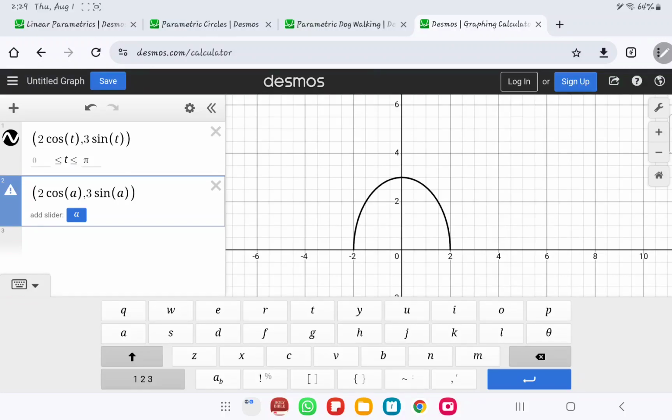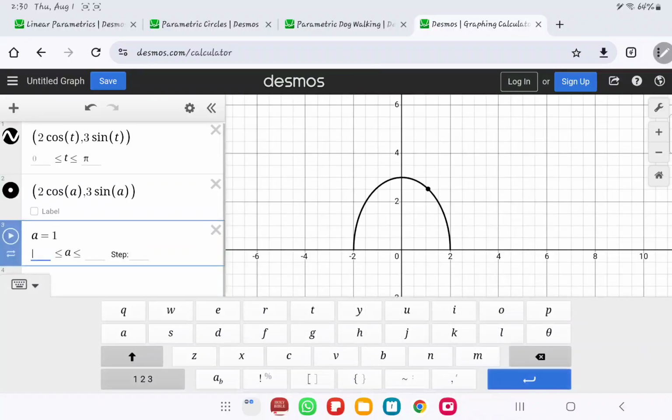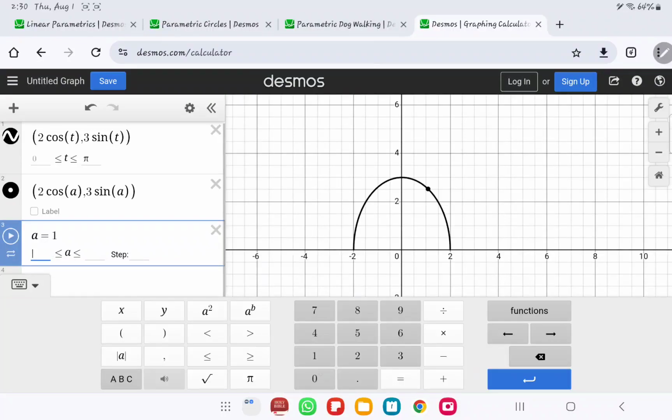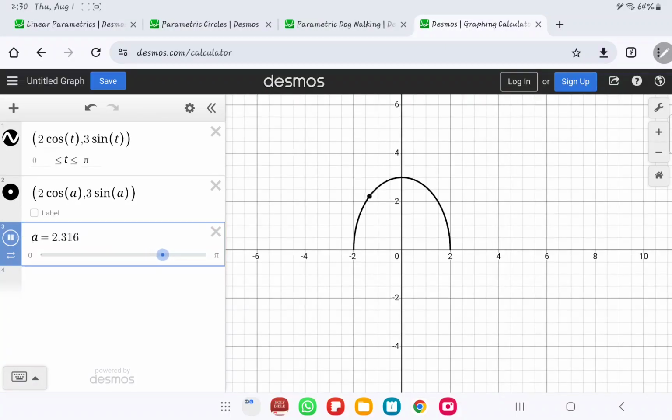Then I'll change all the t's to something like a, and now I can change my a to be whatever values I want. So we are going from 0 to pi. So again, put in here 0 to pi, and you can play that, pause it a little bit.